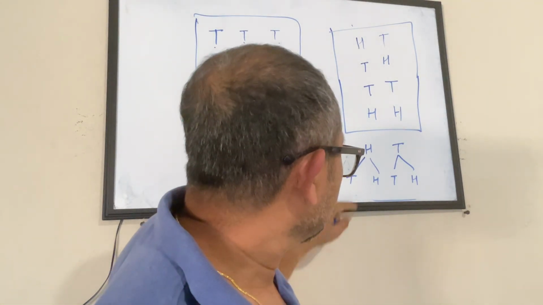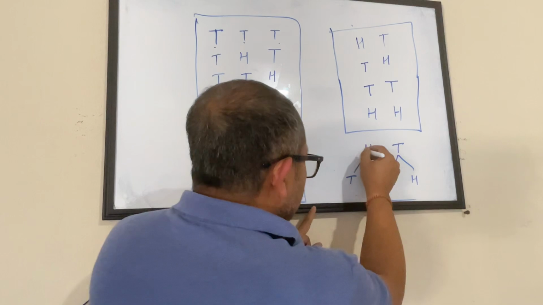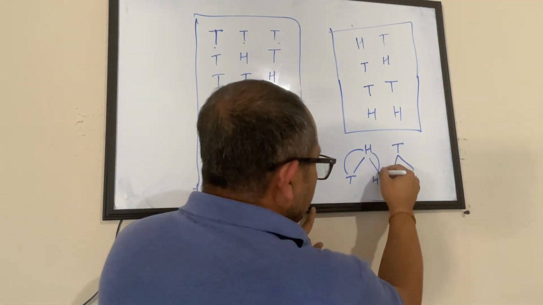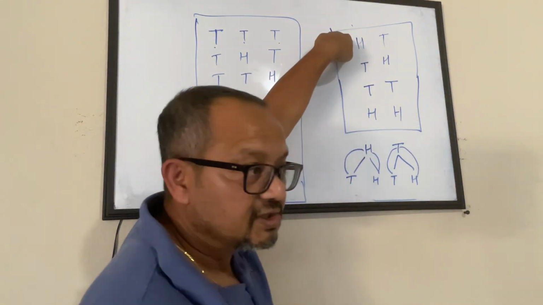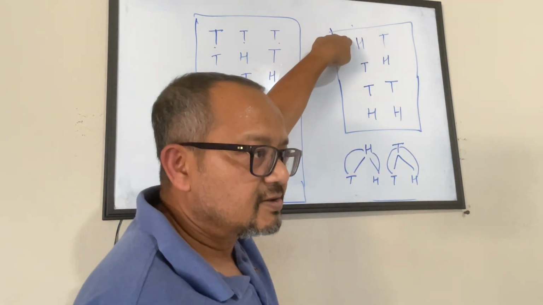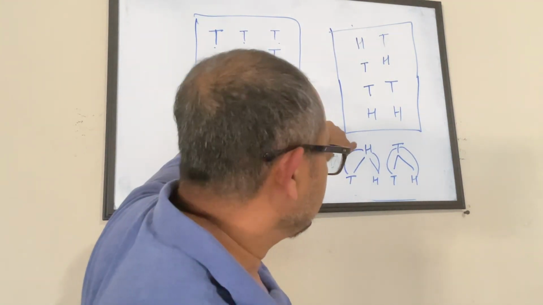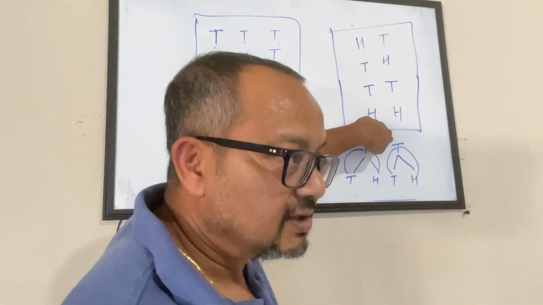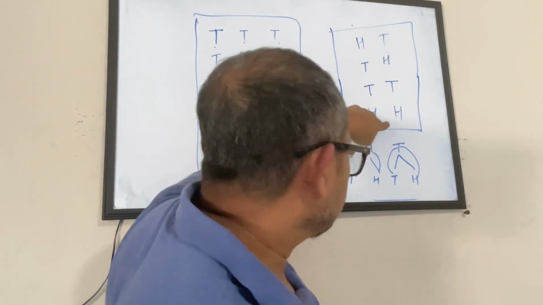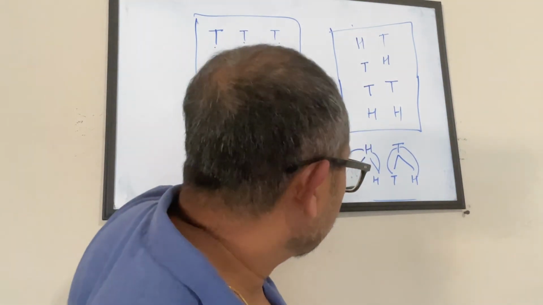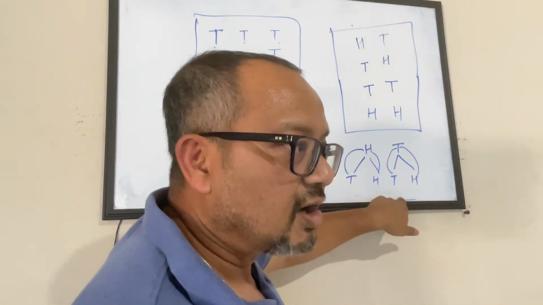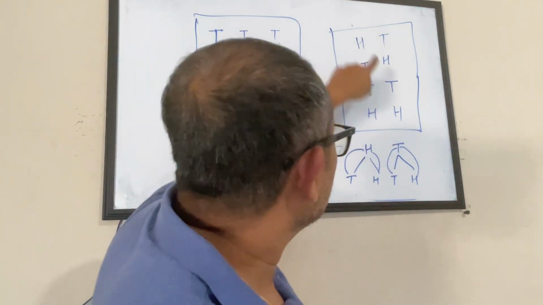So this makes it head-tail combination, head-head combination, tail-tail combination, tail-head combination. This is what you see here. You are putting your first attempt as head and first attempt as tail, and then you're looking at what your possible options could be.